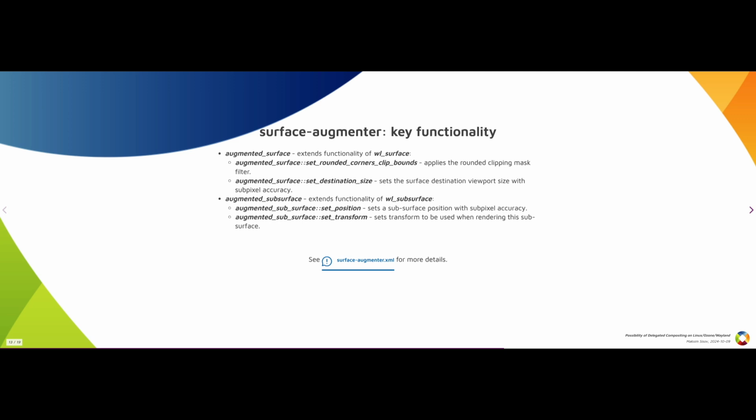The first one extends Wayland surface to apply a rounded corner clip mask and also enables us to work in subpixel precision with its set destination size, of course. In contrast, wp_viewport set destination works with integers, forcing us to round our destination value, while augmented surface set destination size works with fixed point numbers, providing us with 8 bits decimal precision.